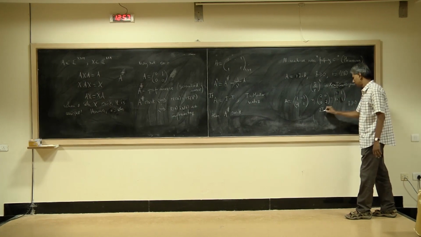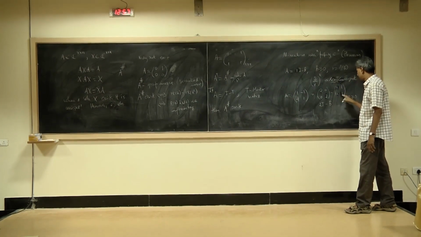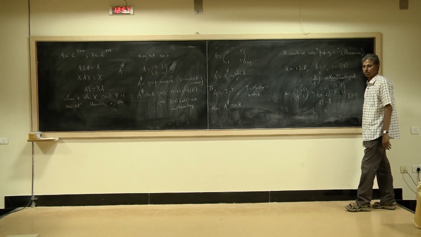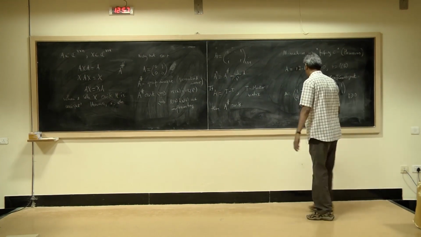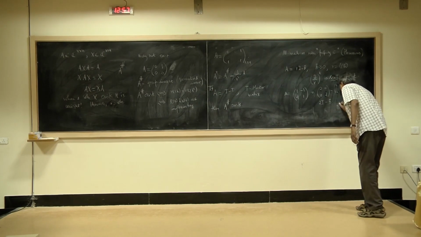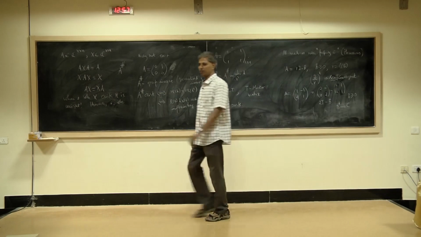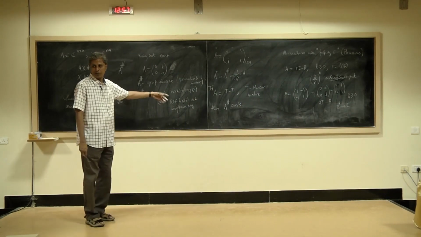So this is a singular matrix. Now this is a symmetric matrix, and the power is convergent. B to the power k converges to a constant matrix C. The previous one doesn't work. So you need to make an appropriate choice.